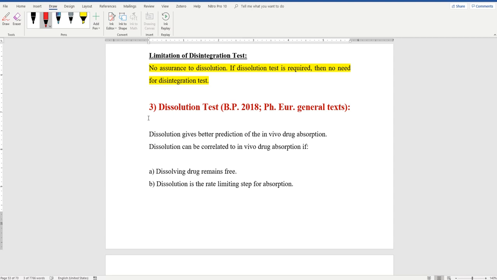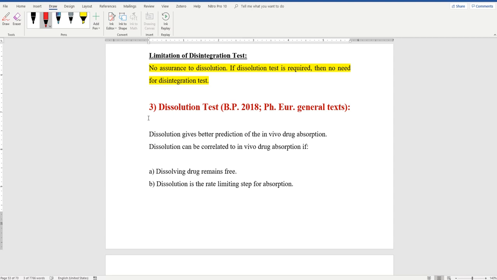They found that there is a relationship between how fast the drug dissolves or gets released and dissolved in the medium in vitro, and what happens regarding the drug absorption in vivo.